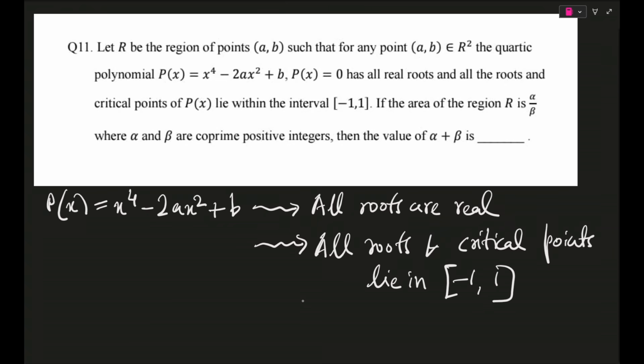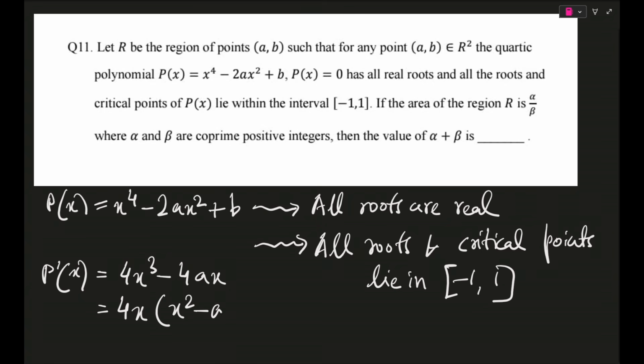Why? Because now if we try to differentiate p of x as p dash x, then this will come out to be equal to 4x cube minus 4ax, which is basically nothing but 4x times x square minus a. Okay, so if we set this to be equal to 0, that we generally do to find out your critical points, then you will have x is equal to 0 and plus minus root a. These will be the three critical points, right?